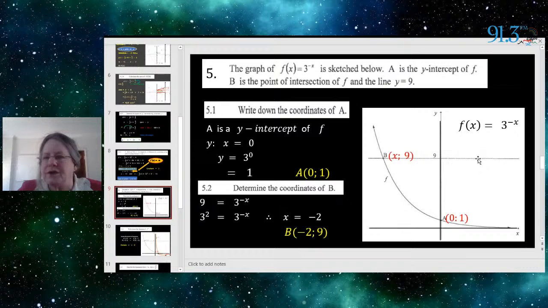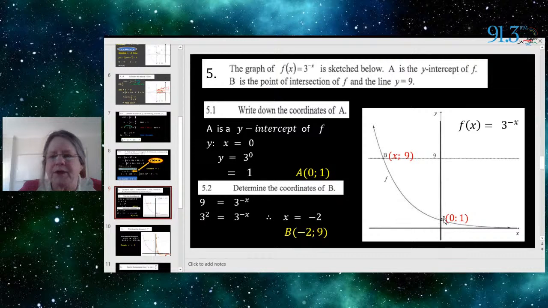So the equation of this horizontal line would be y equals 9. So let's go back to the question. The first is write down the coordinates of A.